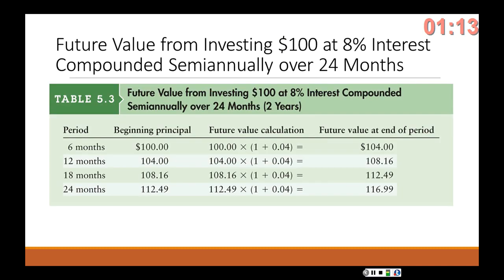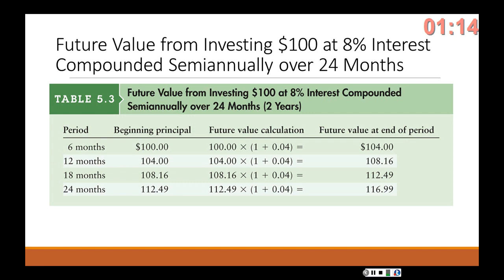So here we can see this. We're investing $800 at 8%, and it's being compounded semi-annually. So semi-annually means that the interest is going to be added to the principal every 6 months. So we compare semi-annual compounding to quarterly compounding.